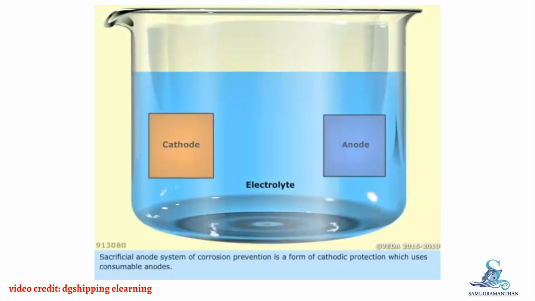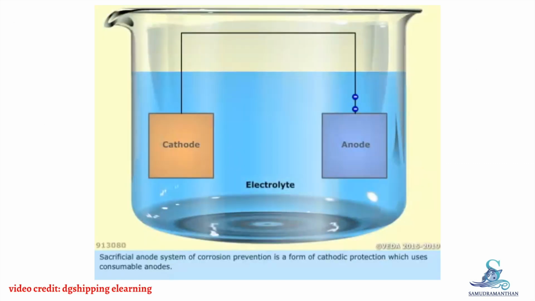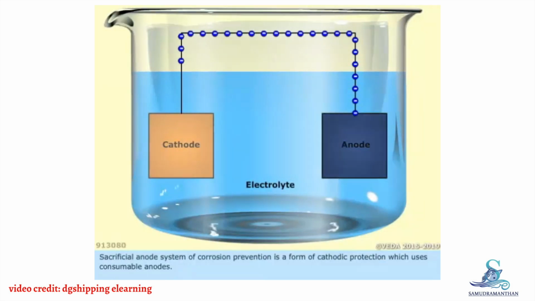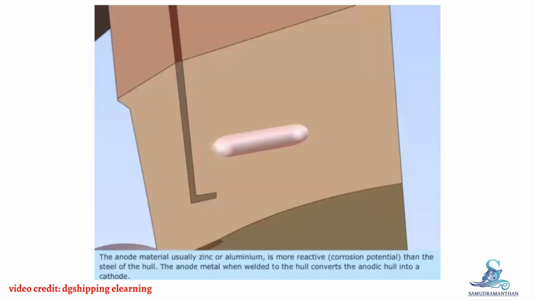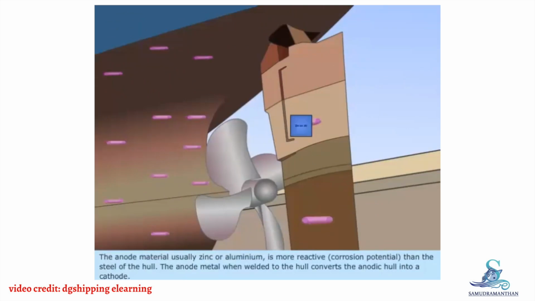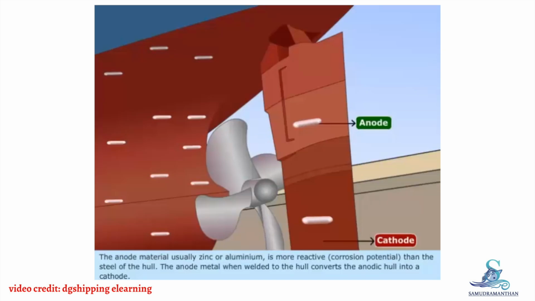Sacrificial anode system of corrosion prevention is a form of cathodic protection, which uses consumable anodes. The anode material, usually zinc or aluminum, is more reactive in corrosion potential than the steel of the hull. The anode metal, when welded to the hull, converts the anodic hull into a cathode.